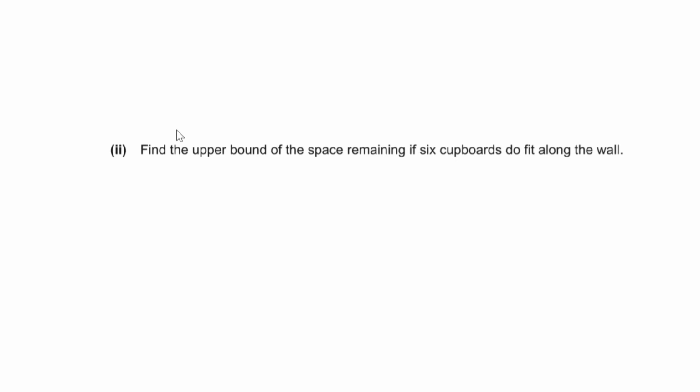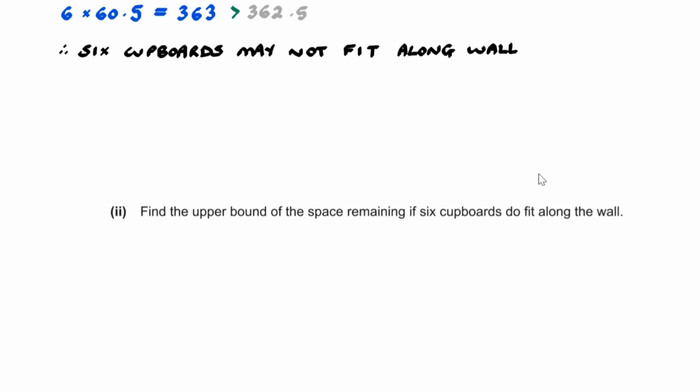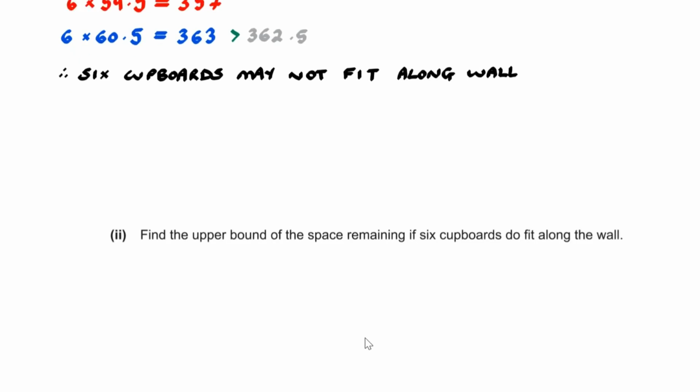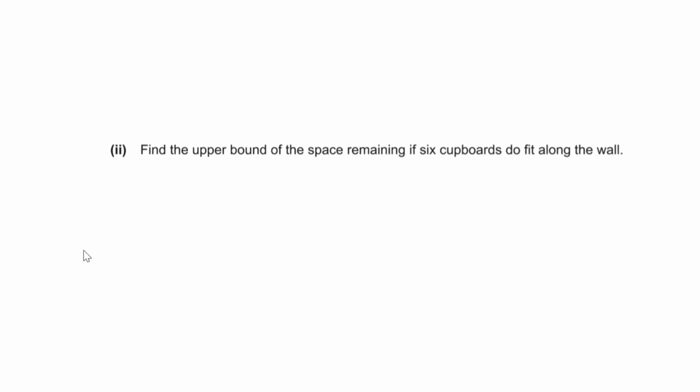For the next part, we have to find the upper bound of the space remaining if 6 cupboards do fit along the wall. So if we want the upper bound of the remaining space, we want the largest space left over as possible.